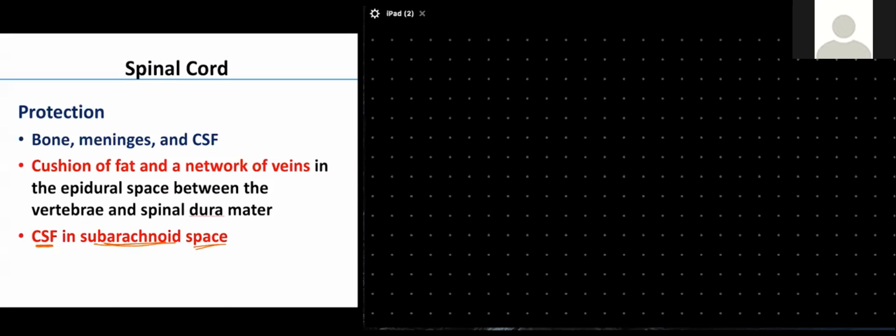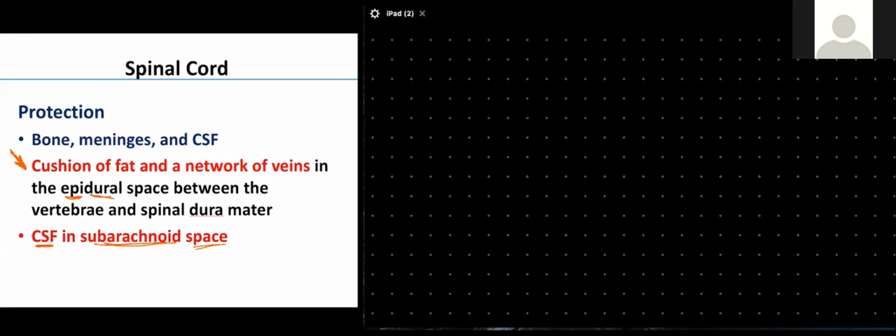An extra protective layer that I have here around the spinal cord, but is not located around the brain, is the cushion of fat and network of veins that will be located above the dura mater in the epidural space.